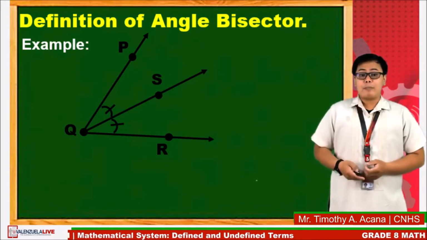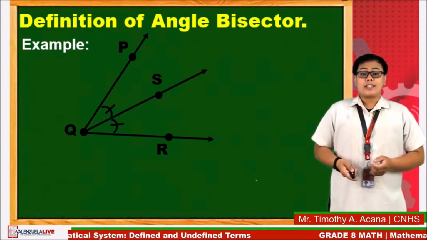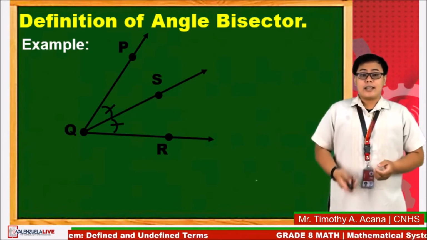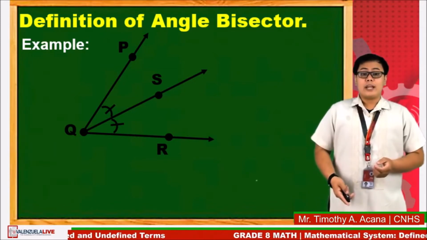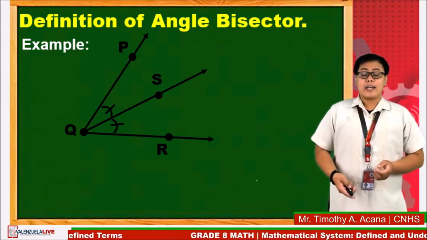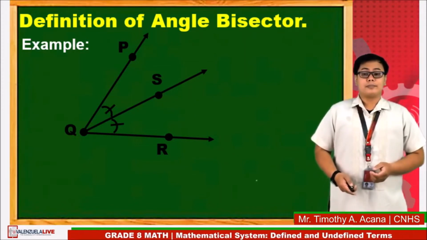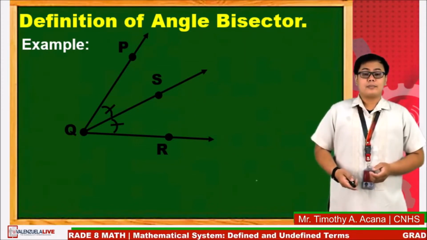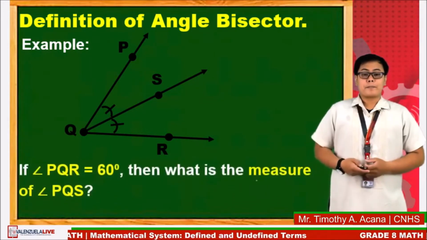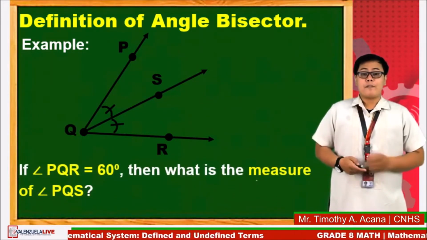Example, if angle PQR is equal to 60 degrees, then what is the measure of angle PQS? Very good.